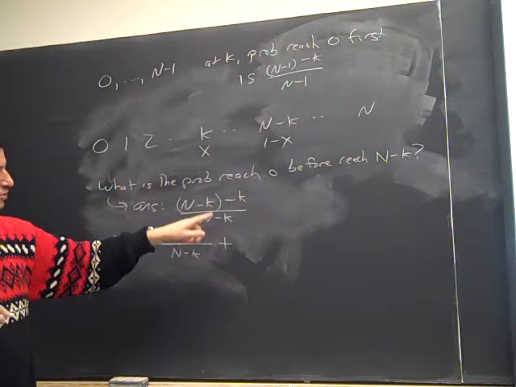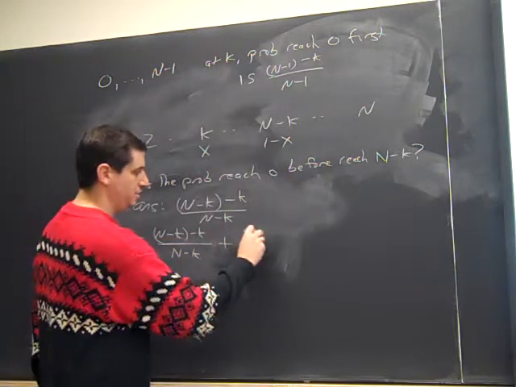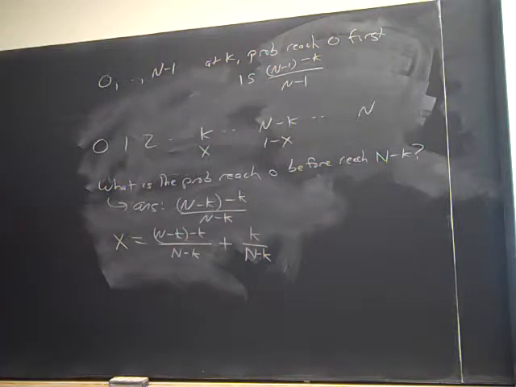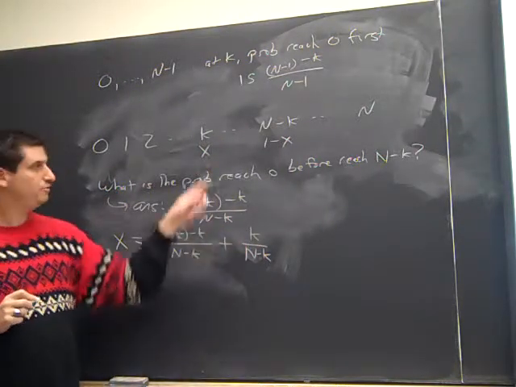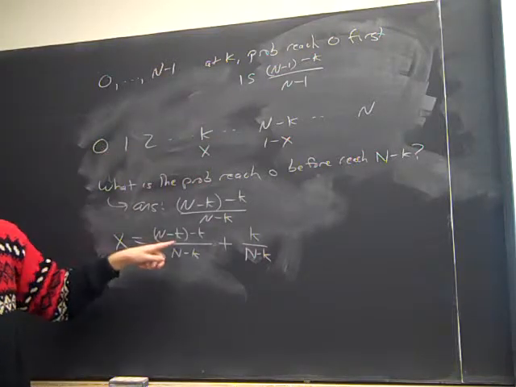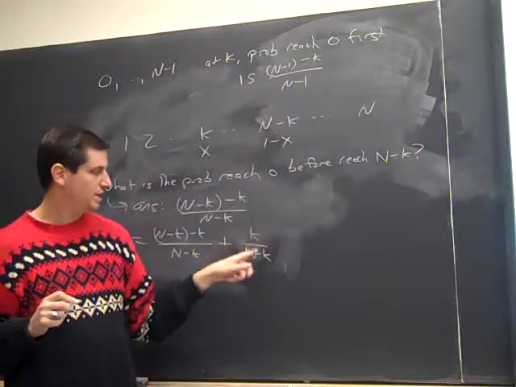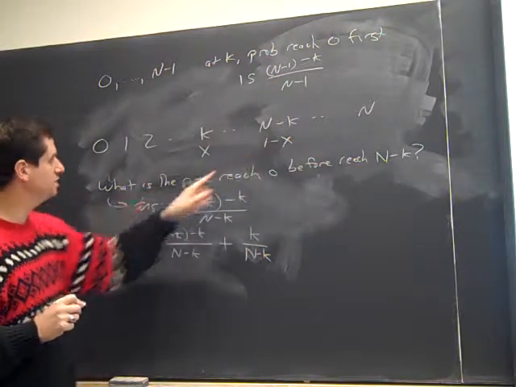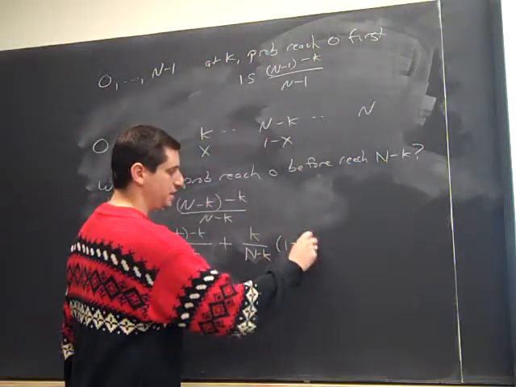Since this was n minus 2k over n minus k, it's got to just be k over n minus k, because these two probabilities have to add to 1. So if I reach 0 first from k, n minus 2k over n minus k times, then I reach n minus k before 0, k over n minus k times. And now the probability that I get to 0 first before I continue all the way on to n, we're just calling that 1 minus x.